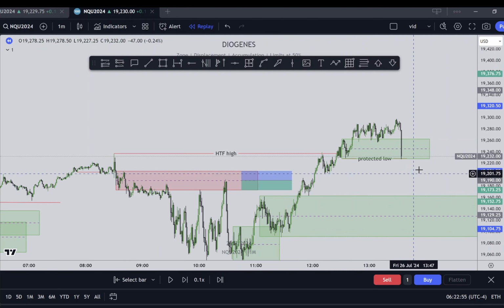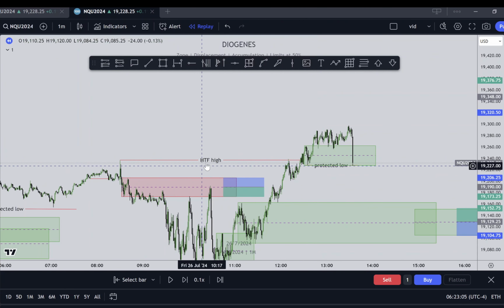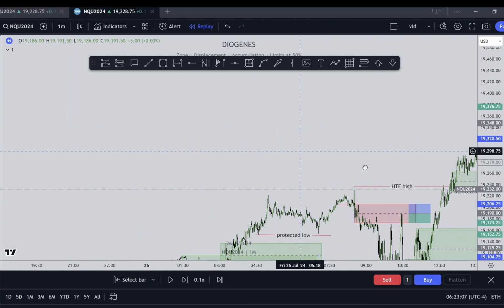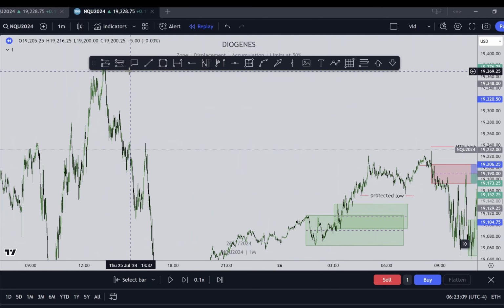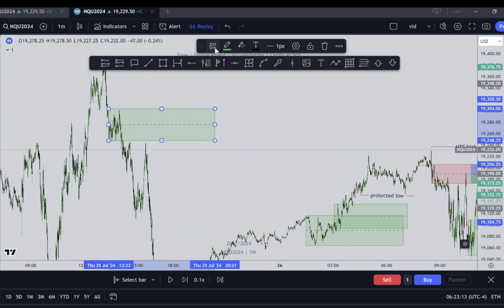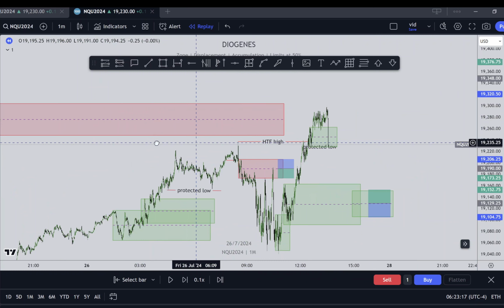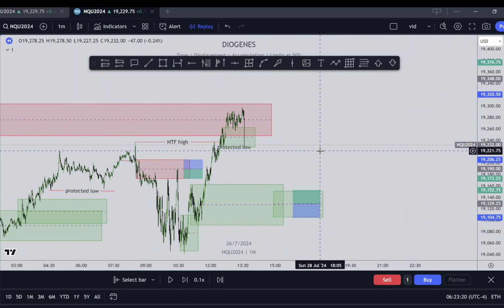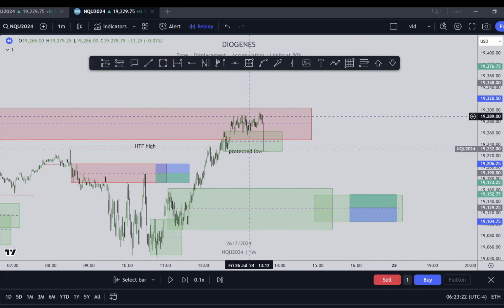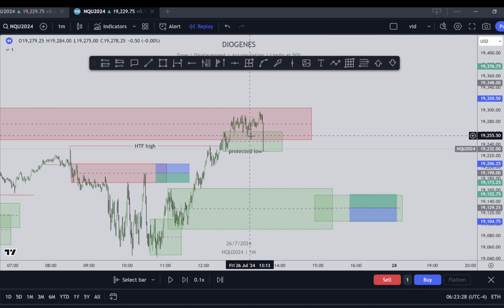No. Although I wouldn't have taken this trade because we just took a higher time frame high and we reacted from this higher time frame five-minute bearish zone. So this was not a valid loss in my books, but I will still count it as a loss.